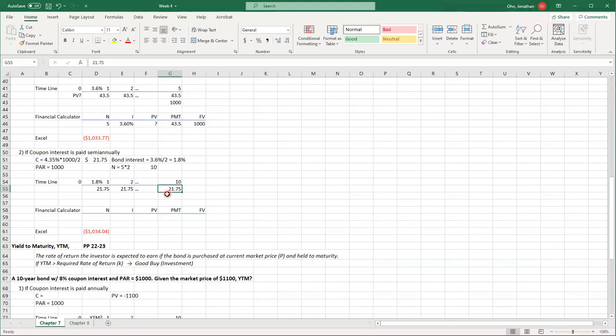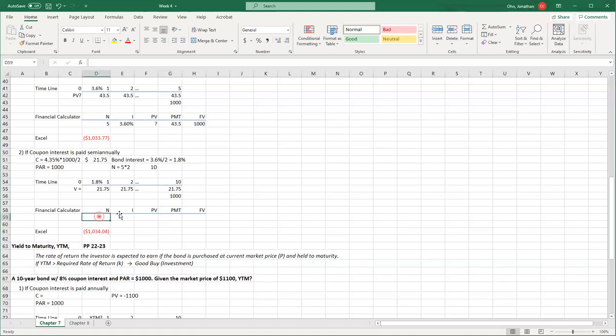Now, given all this information, you want to calculate the intrinsic value. What is the bond value given this? Oh, by the way, there's one par value there. One par value should be there.